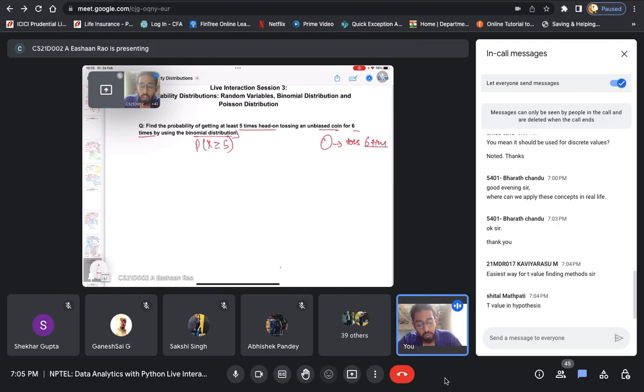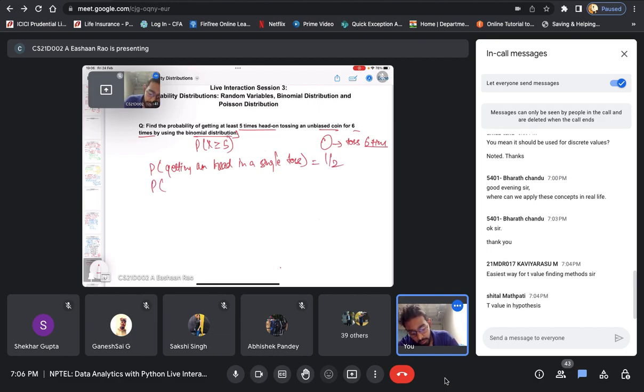Okay, so if we have to do that, first thing, in a binomial distribution, we have defined p and q. That is, p is the probability of getting a head in a single toss, so it will be 1 by 2.